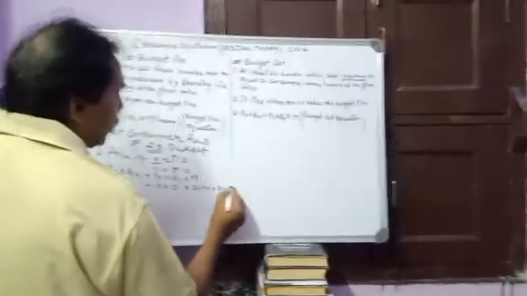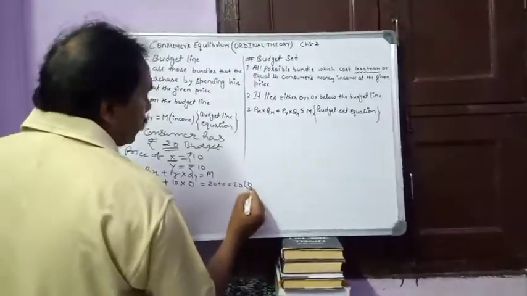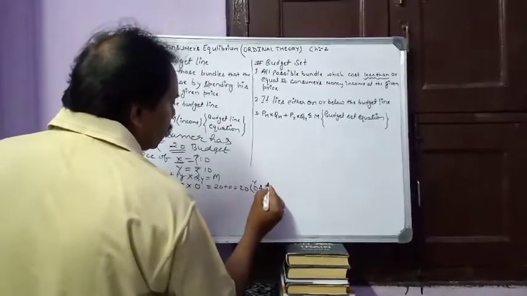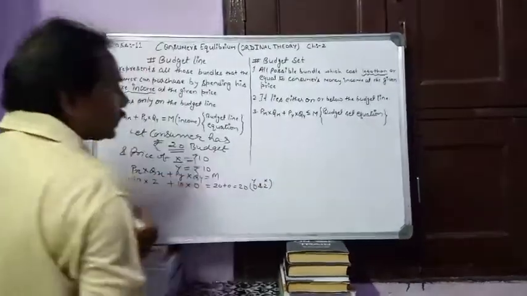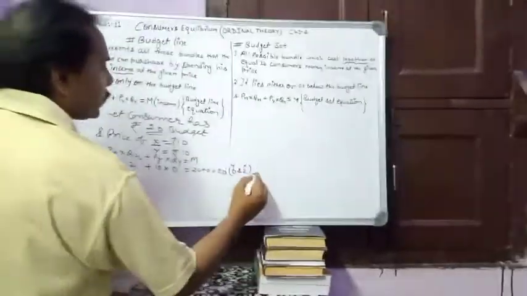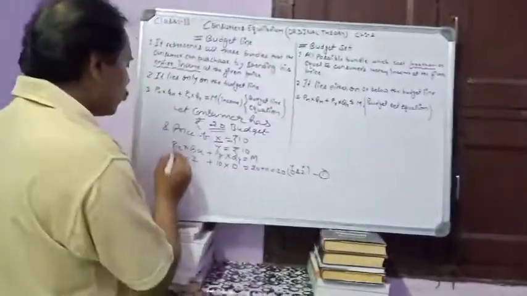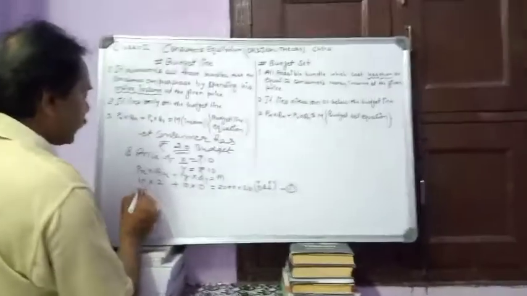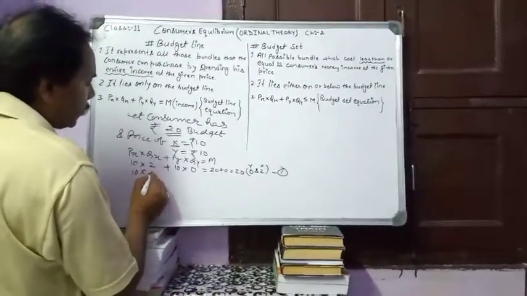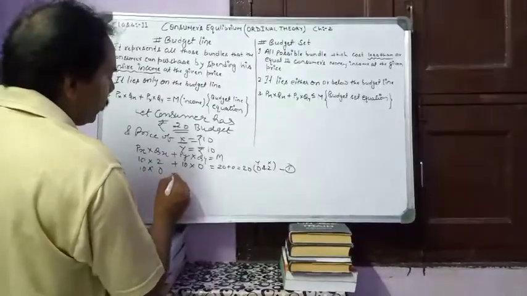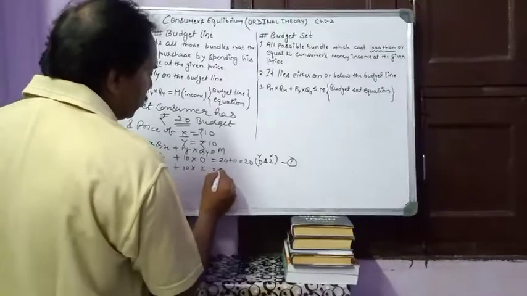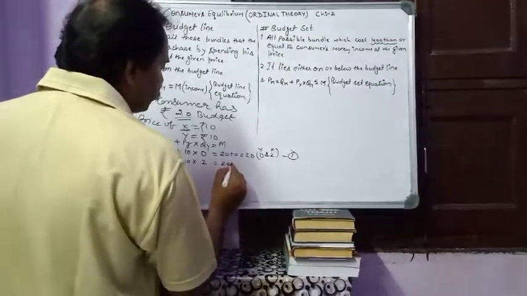So one combination is 0 units of Y and 2 units of X. Suppose the price is 10, but he is not ready to buy X. So 0 plus 10 into 2 is equal to 20.